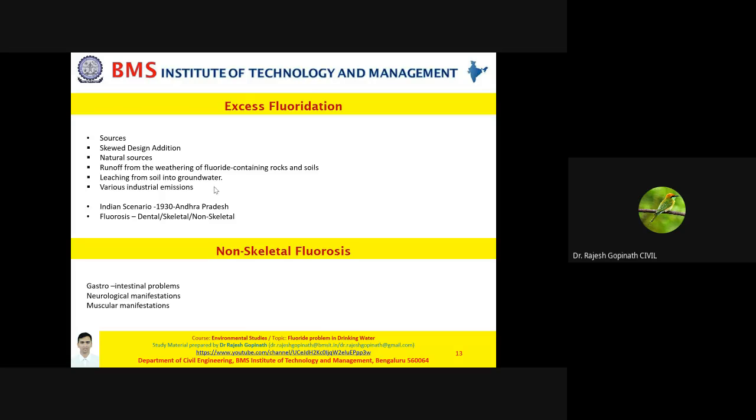And why is this excess of fluorides happening? Probably because the population is depending more upon groundwater, which has excess fluorides due to weathering action of rocks at greater depth. Also, it's possible that due to certain industrial emissions, such as aluminium processing industries.